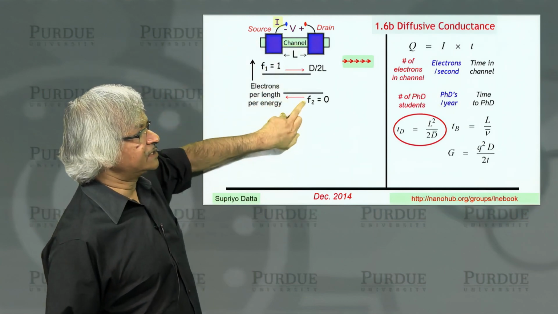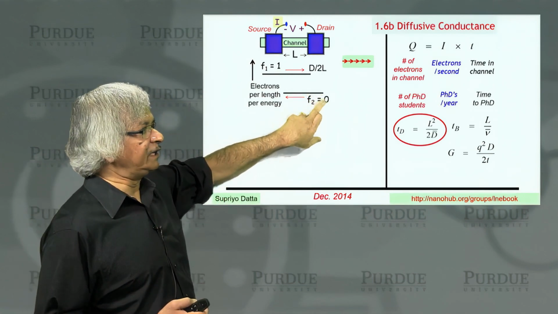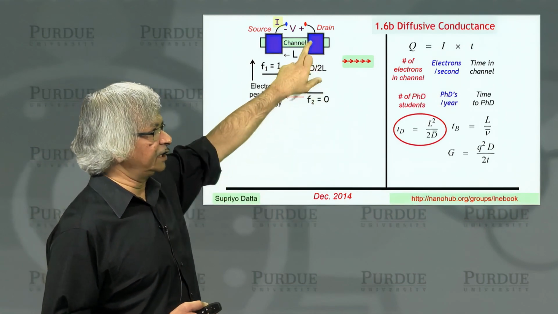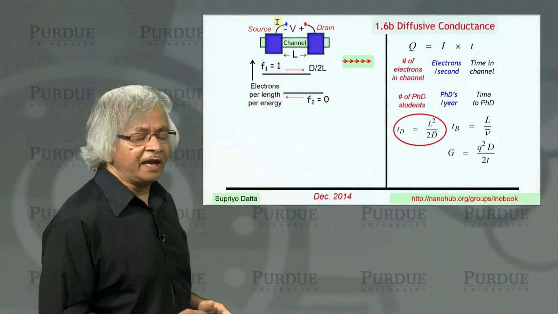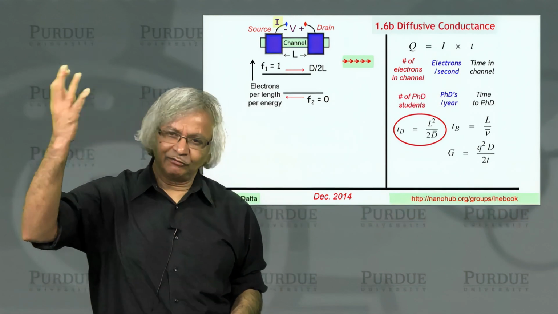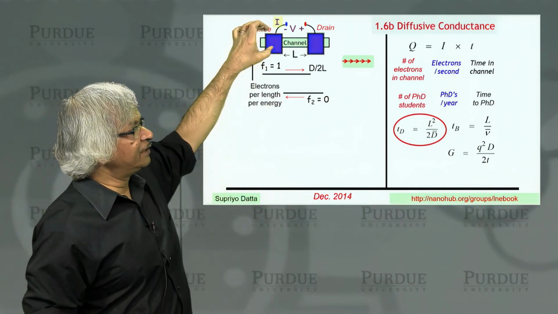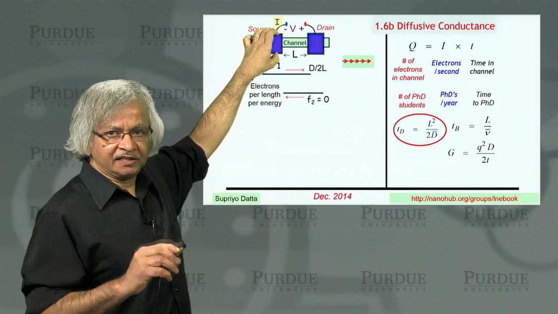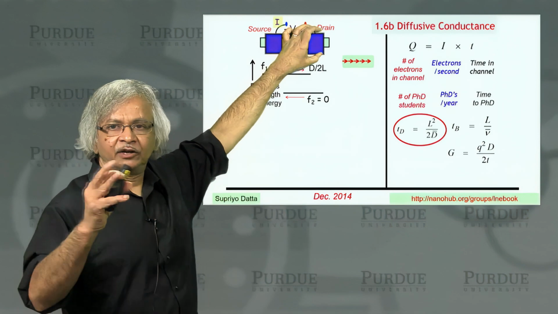Whereas the states that are carrying electrons the other way will all want to be empty if in the contact the states are empty. Now, this you could again understand by thinking of cars on a highway. That is, supposing the source is one city, let's say somewhere in the south, and this is another city somewhere in the north.